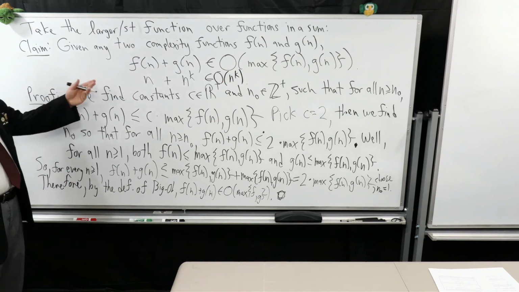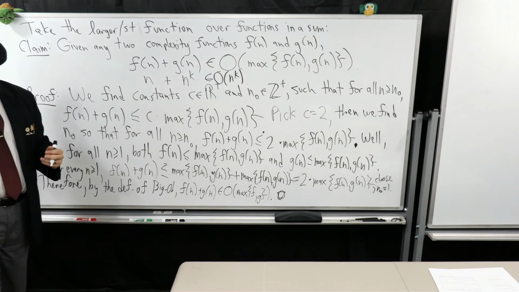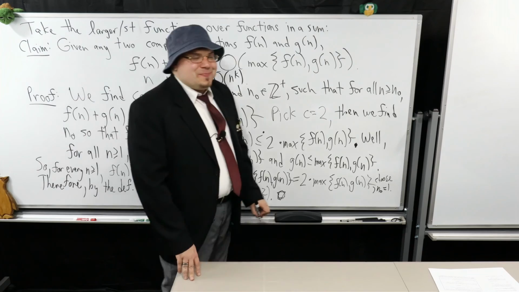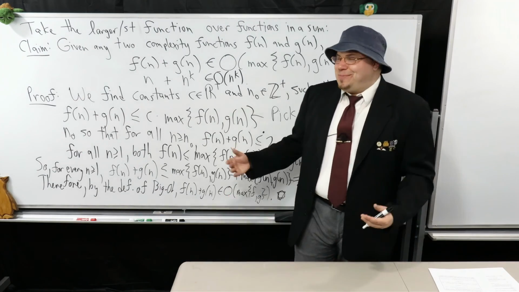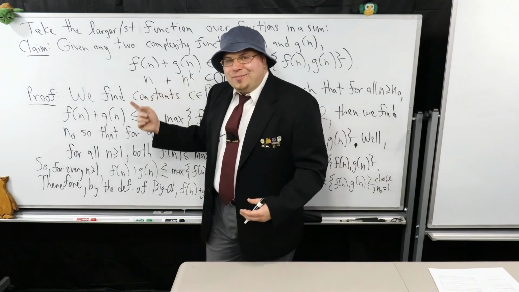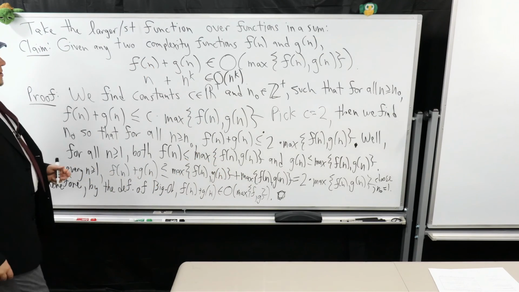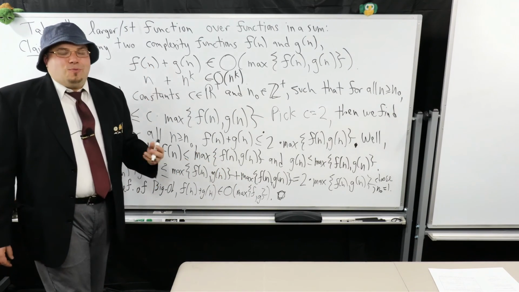So this is a direct invocation of this property. Notice that I just get it for free because it's part of the property. Notice that n to the k has to be bigger than or equal to n for all n greater or equal to 1. So that's where I get it from, where k, of course, is in fact 1 or larger.